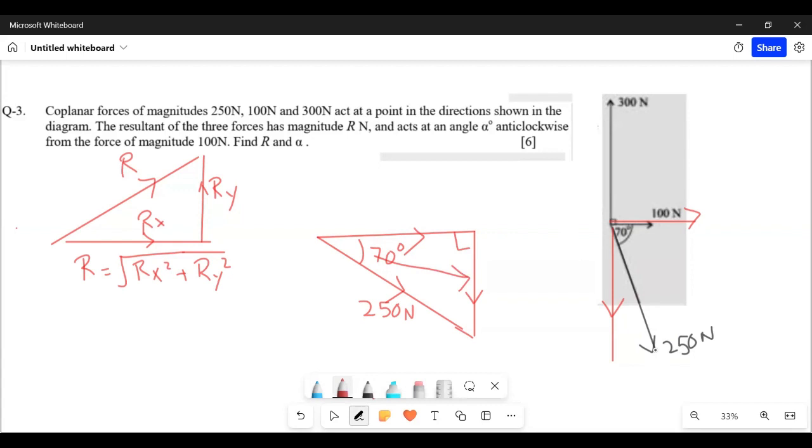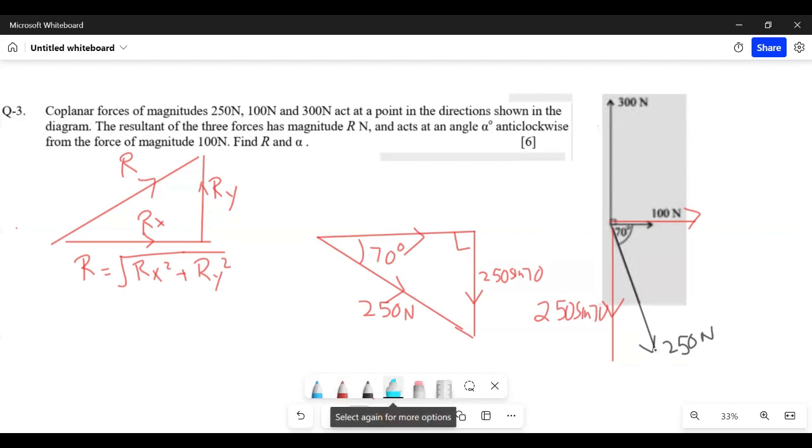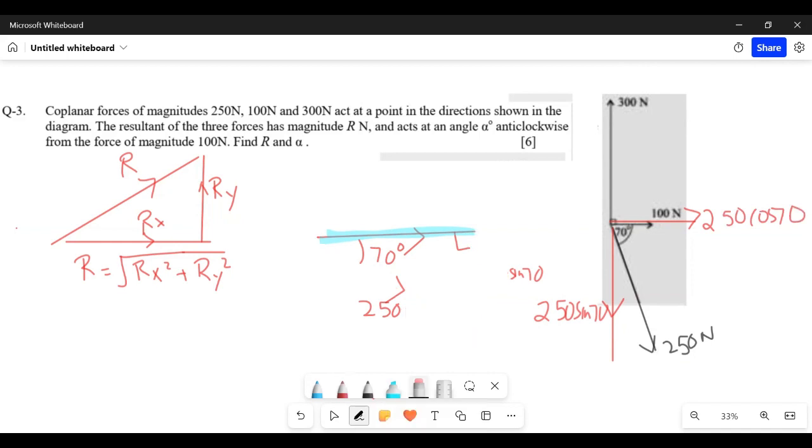So this one is 250 sine 70, which I'm writing here. This one is adjacent, so it's going to be the cos component. That's 250 cos 70.